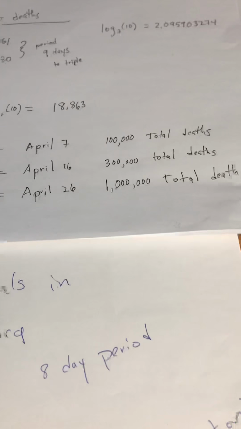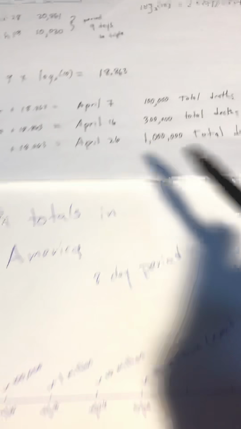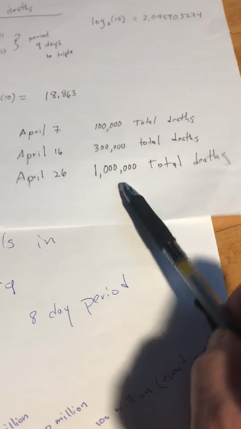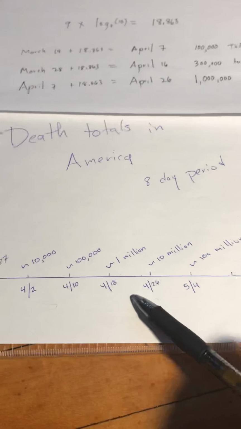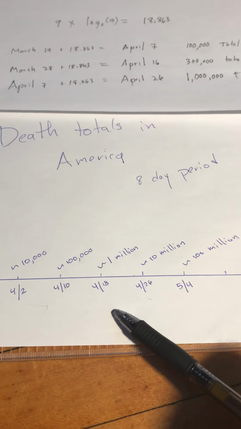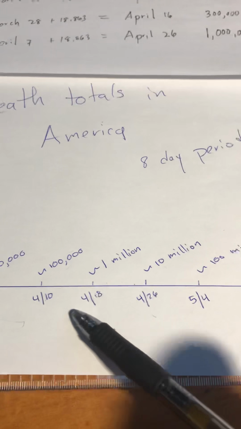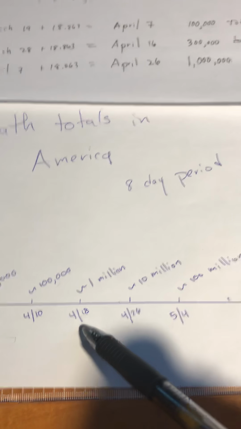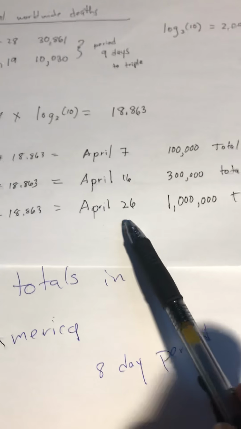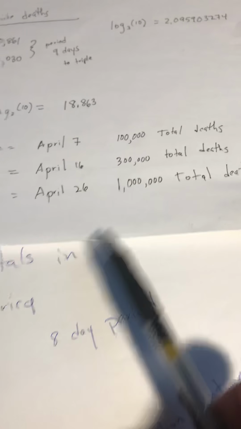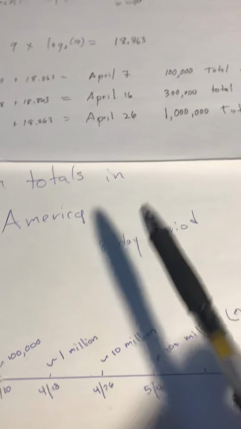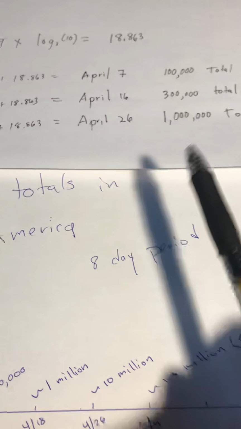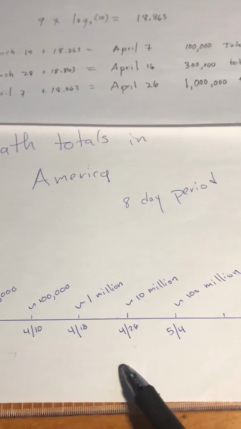Or maybe there's something screwed up with this, but I'm trusting this over this. I'm trusting we're not going to see 1 million deaths in America by the 18th. It's going to take until the 26th for the world to see that many. If we see 1 million deaths in America, we're talking early to mid-May.